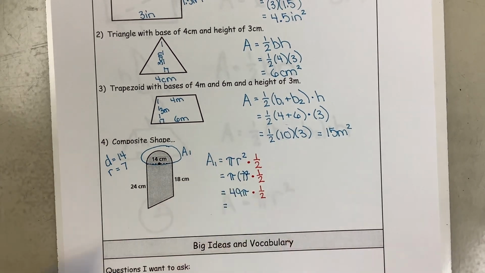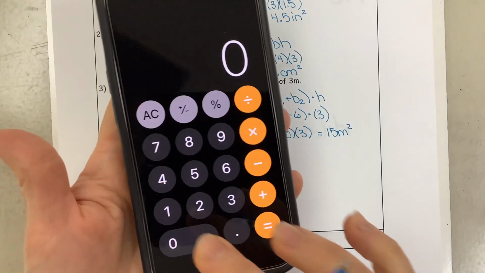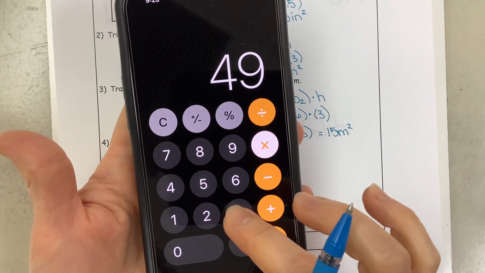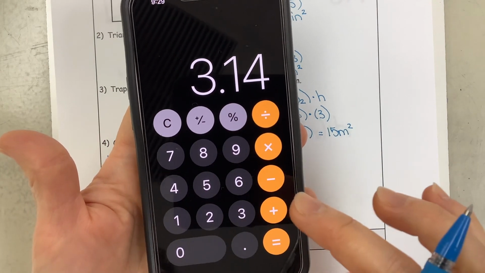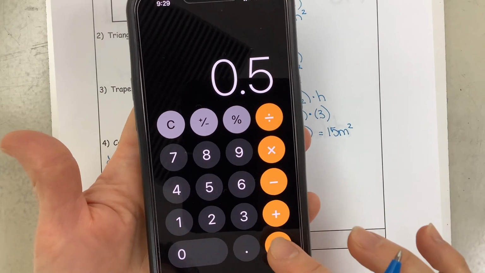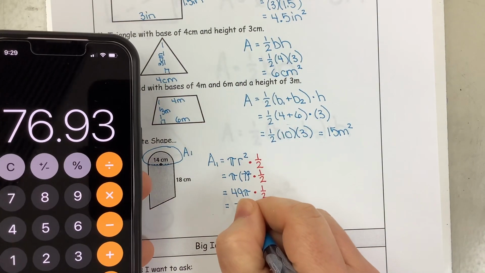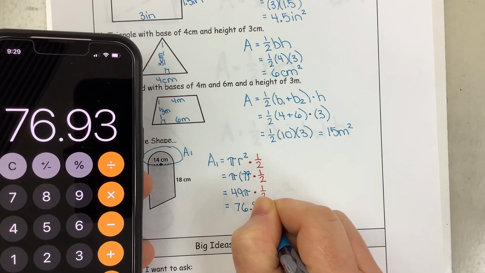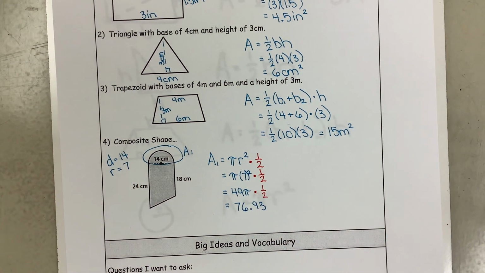And now when I punch that in, we can put it in all together. We have 49 times 3.14 times half, which I know is 0.5. That gives us 76.93. So that's just for this piece.